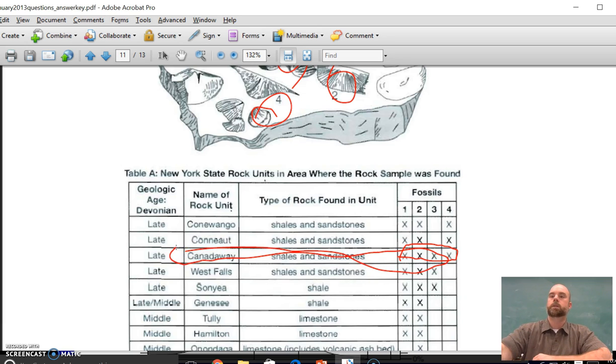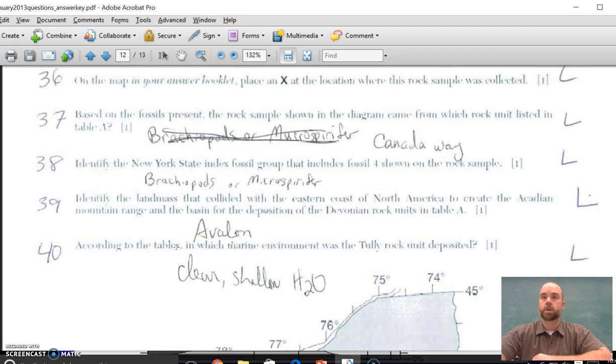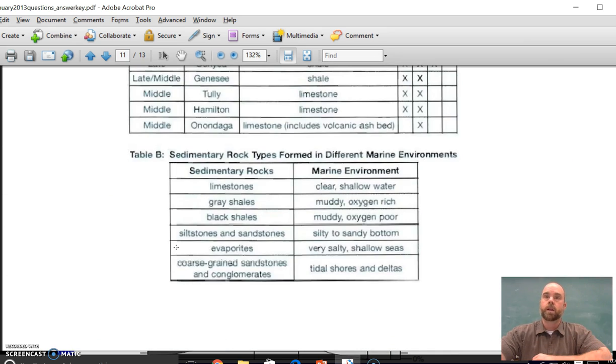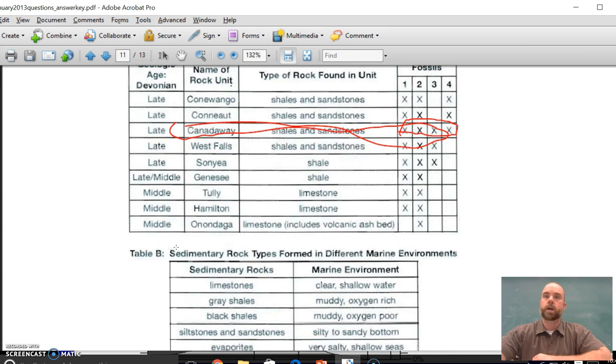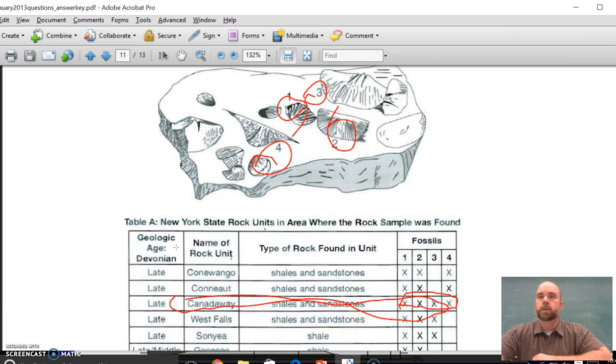Figure 8. Identify the New York State Index fossil that includes fossil 4 shown on the rock. All right, so if you go here, we could do this later because we haven't covered this in class yet. However, if you go to rock 4, is this one.